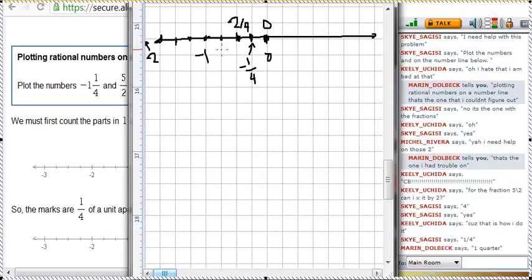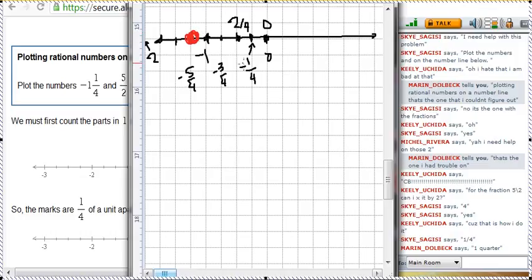And this right here is -3/4. And this right here is -4/4, which is also known as -1. And this is known as -5/4, or -1 and 1/4. So that's how I would graph that guy right there.